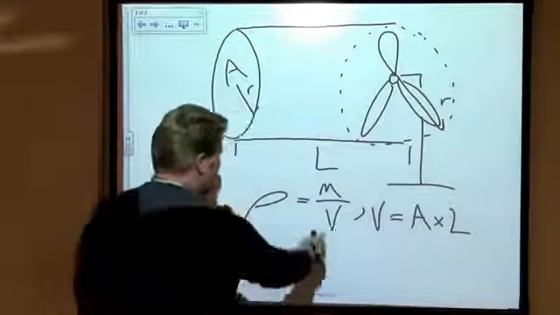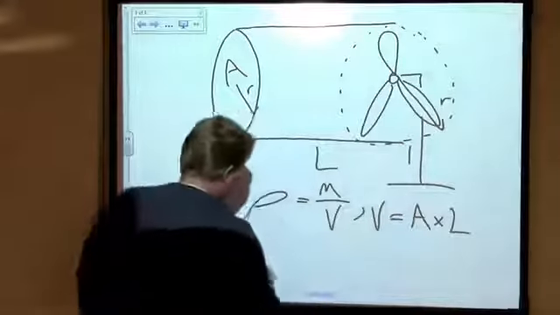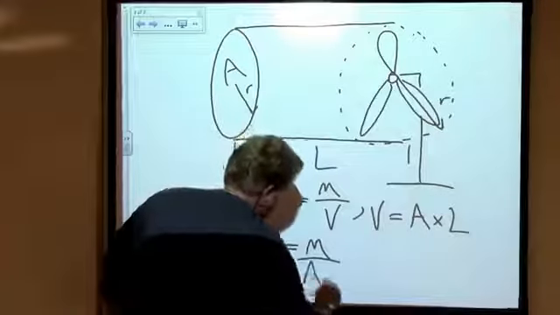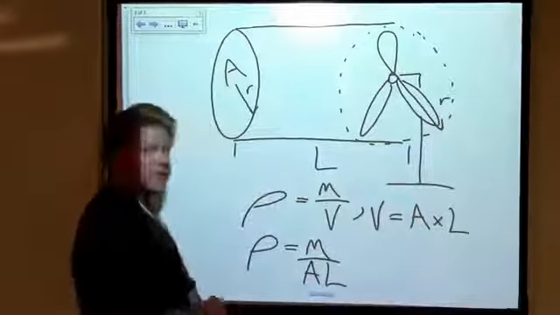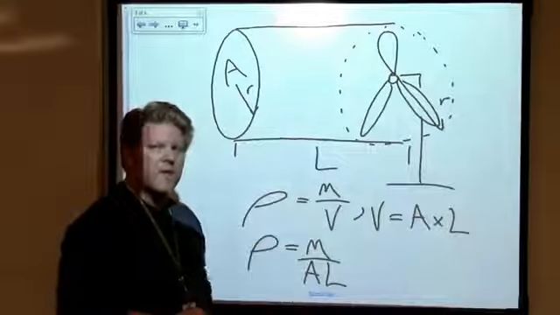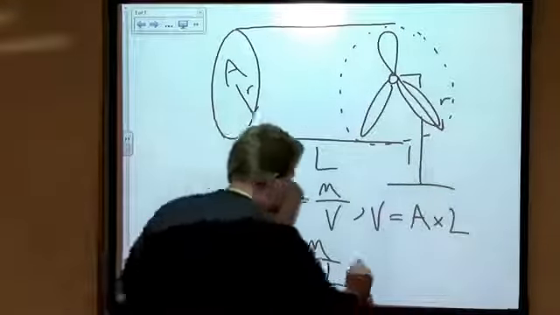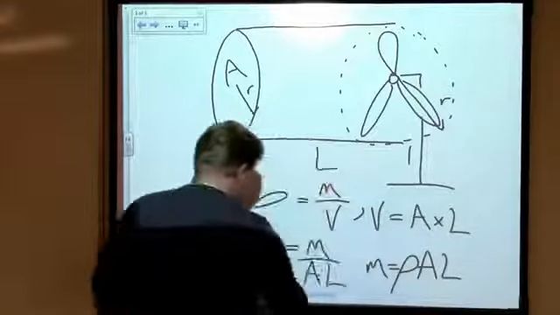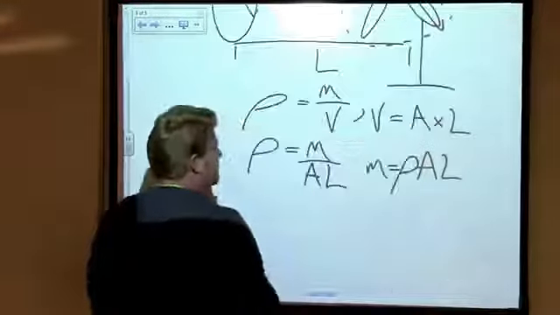So we can plug that in, replace the volume for what the volume represents, and say that the density is the mass divided by the area times the length. What I want to do is rework this so that I have mass by itself. That's no problem. We can just say mass equals the density times the area times the length. That's not too bad, right?